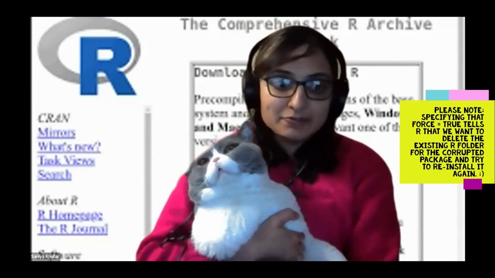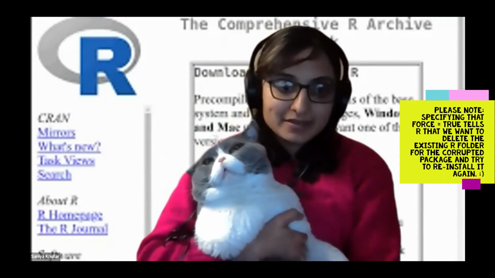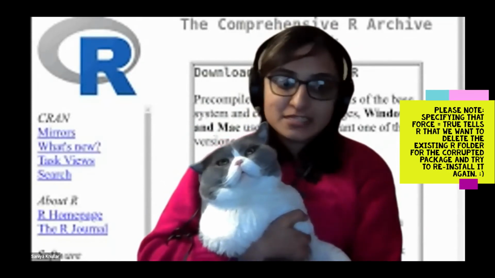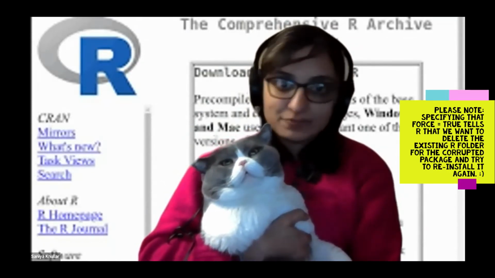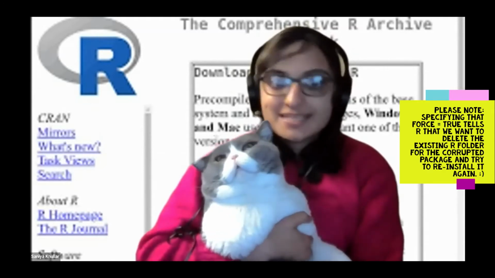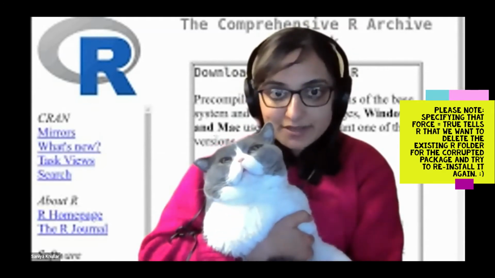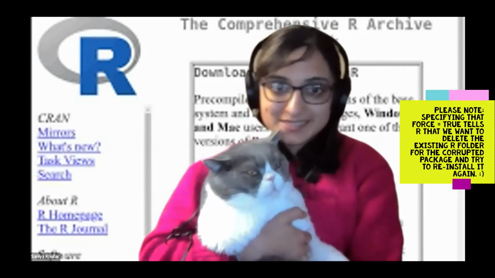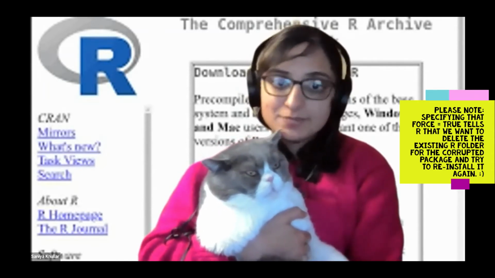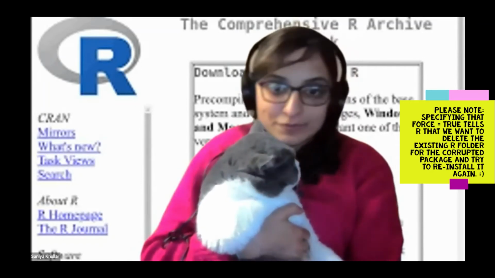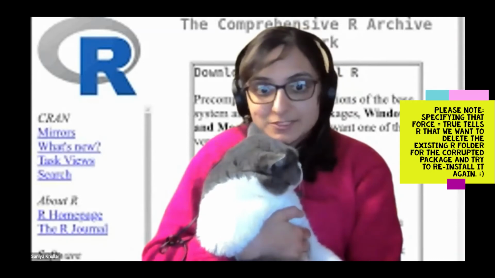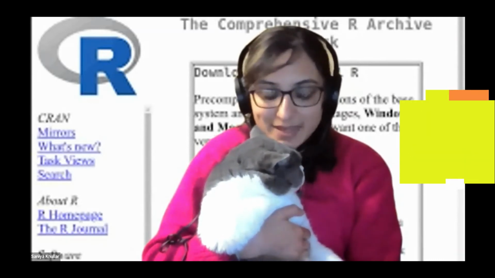It helps us reinstall a package. If it's not already working properly, it just says, let's please redo the installation. I want to force it to happen again. Because R says, hey, I already have the package there. Why do you want to reinstall it? The force means, let's please reinstall it. Something just wasn't working. And you please have to delete what you already have in your folder. R has a folder for every package and subfolders for data and whatever is needed to run the package.